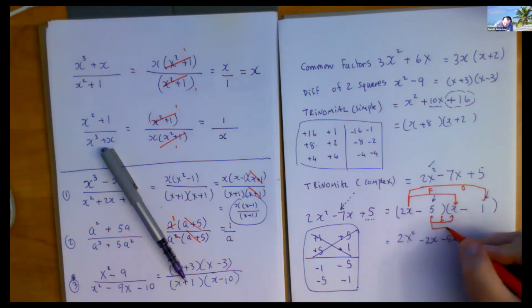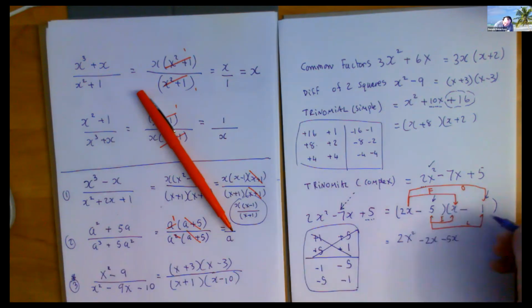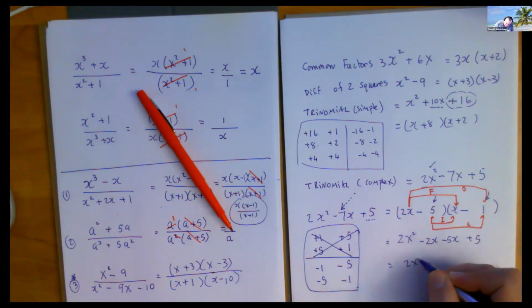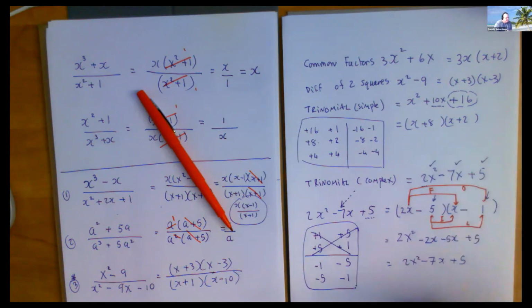And then the last are the numbers at the end. So -5 times -1 gets me +5. Can you see? Check, check. Is this coming back to you? Is this factoring stuff that you're beginning to remember, oh yeah, we did tons of those things? Hopefully you have.